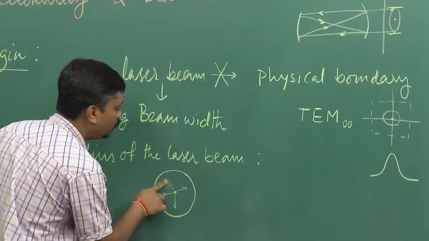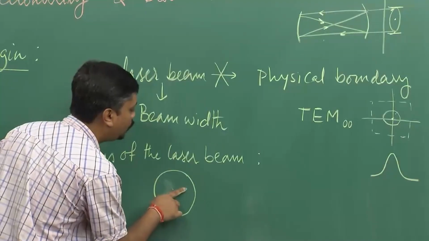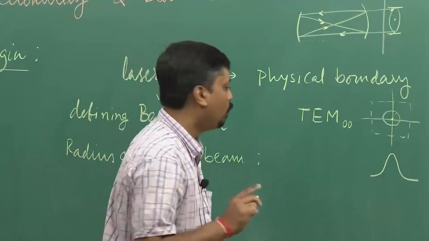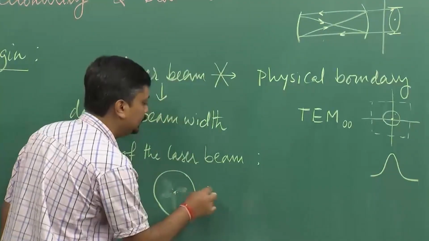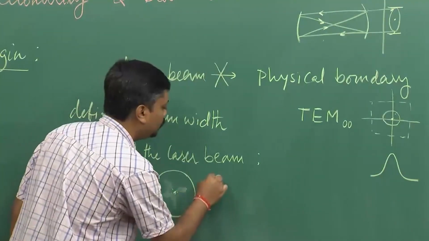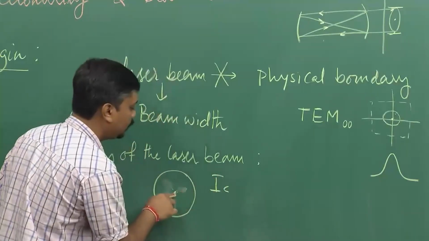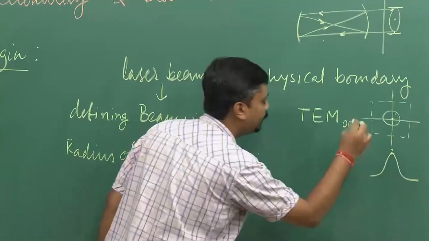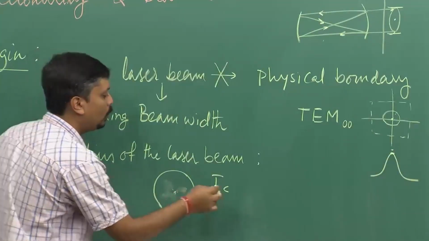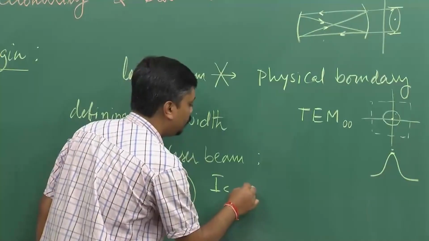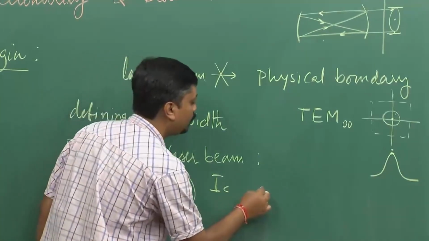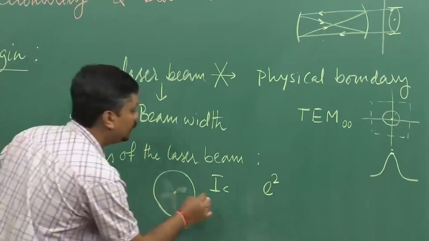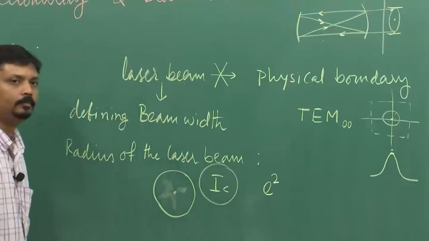So, if I go radially up to the distance where the intensity, say I C corresponds to the intensity at the center, now, if I go a distance where the intensity falls off by E square of this intensity. Okay.